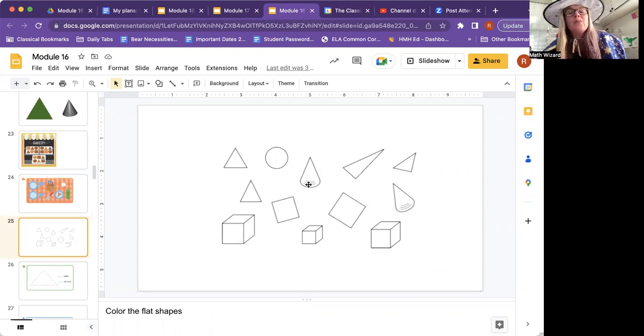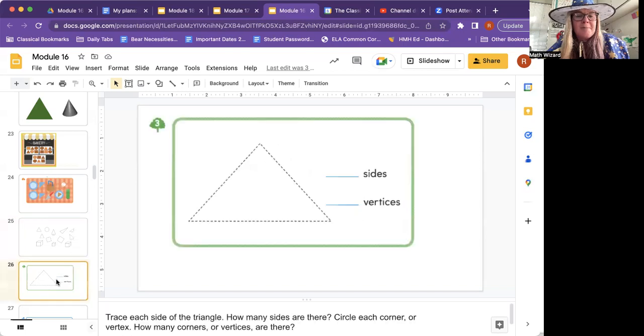So that would make them three-dimensional, not two-dimensional, so they're not flat. All right. And the same right here with these cubes. This represents a cube, which would not be flat. I helped you out with what's flat and what's not. Okay, so you can pause this now and go ahead and color the flat shapes.